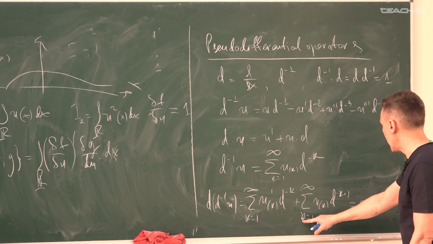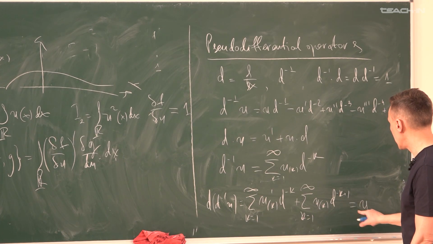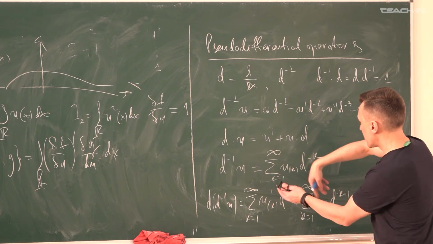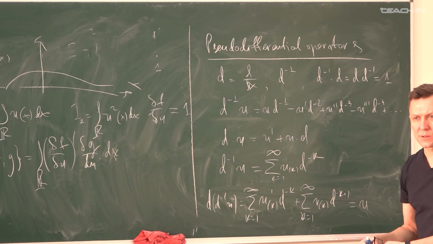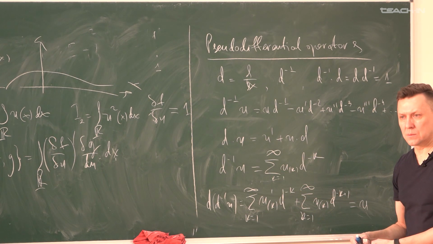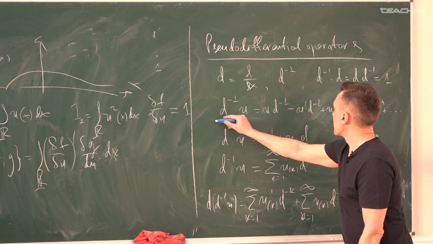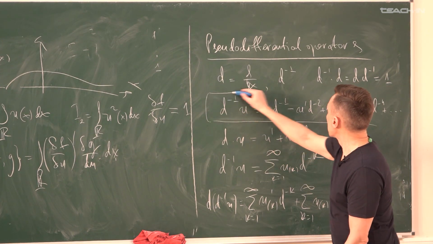Here for k equal 1, I will get just u, and then all terms will cancel each other. Okay?